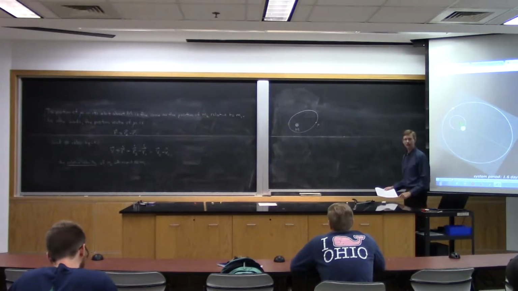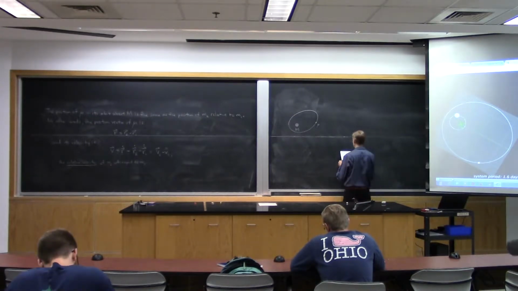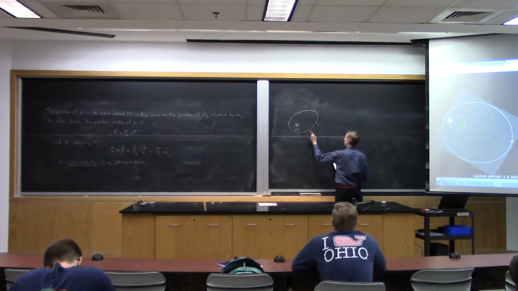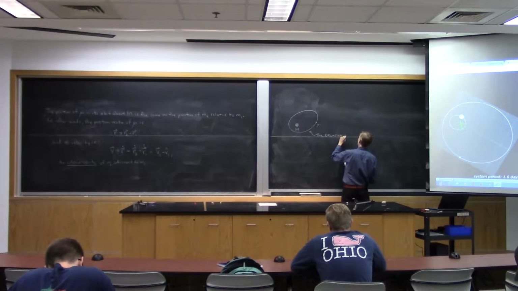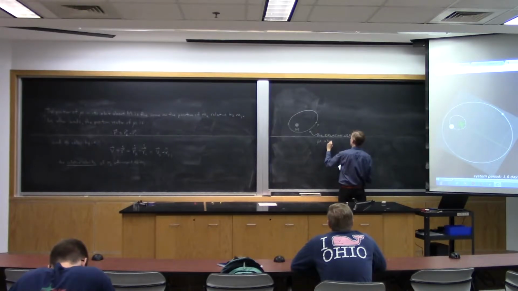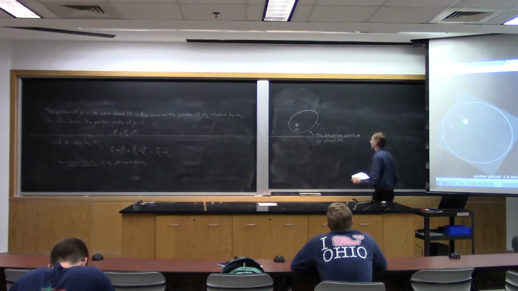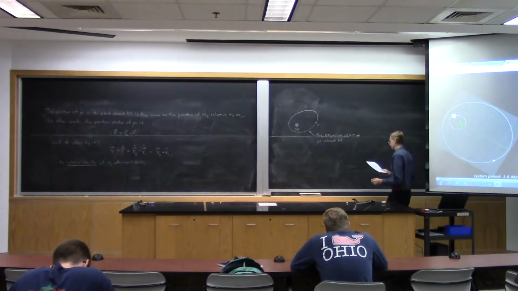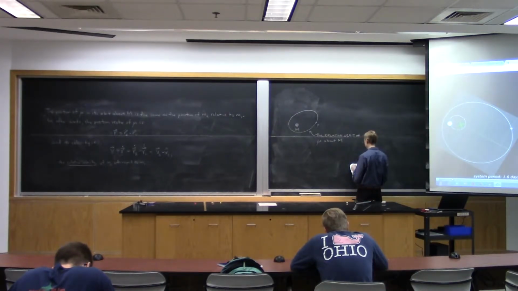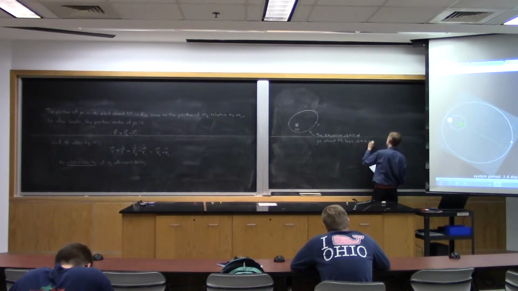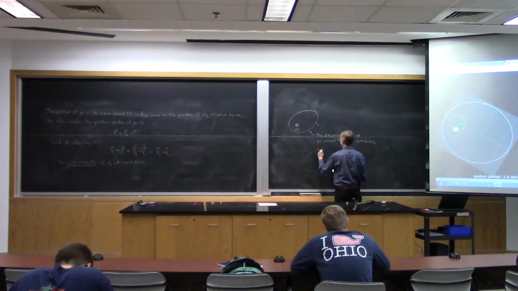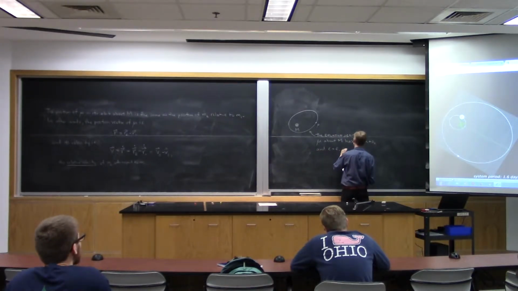Mu orbits M on the relative orbit. The relative orbit of mu about M. Where was I? Yeah, A is equal to A1 plus A2, and E equals E1 equals E2.